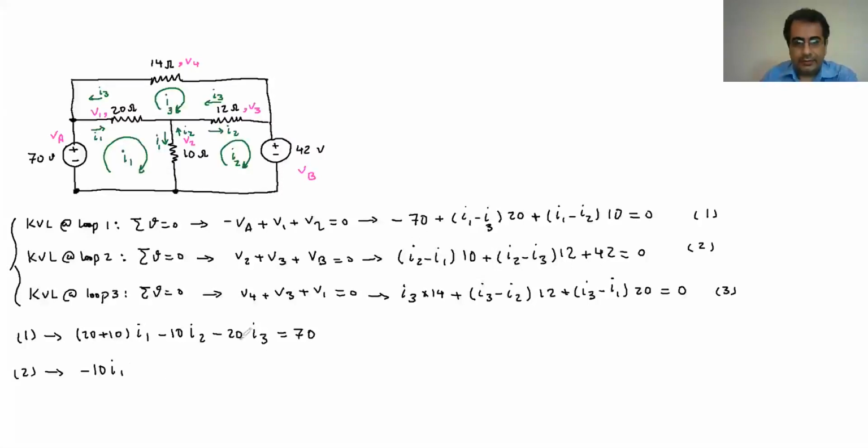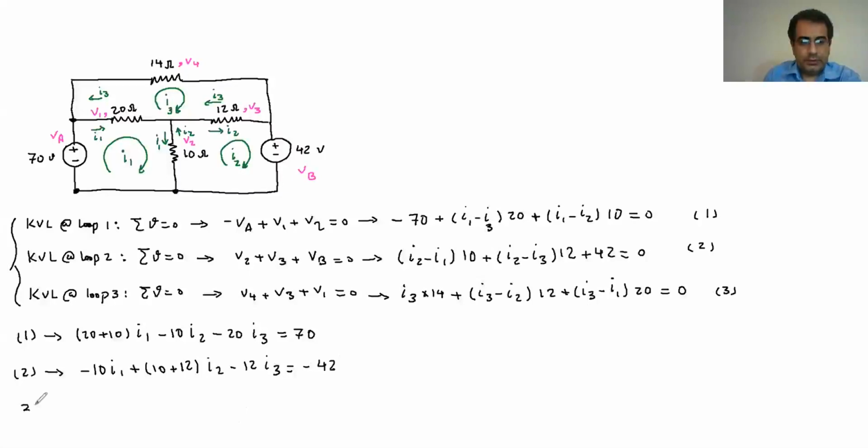So I have the 10 here, 10 here, and here I have the 12, so plus 12 I2, so the 10 and 12 for the I2. And for the I3, I have the negative 12 I3. And then I move the constant value to the other side, so it's going to be negative 42.